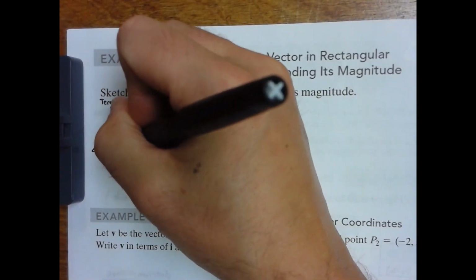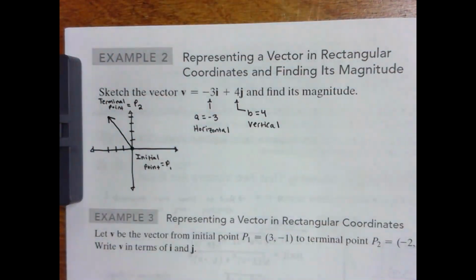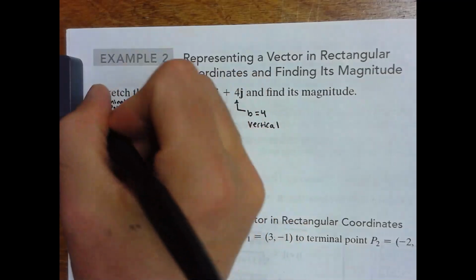And the vector is just us connecting these dots, but there is an arrow tagged on to that terminal side. And again, that's basically what's showing that directional component here. Okay, and that terminal point is -3, 4.